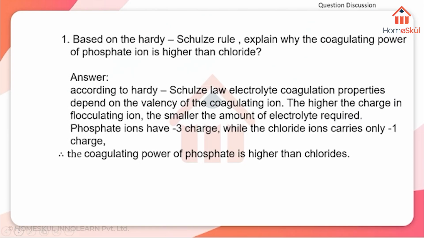According to the Hardy-Schulze rule, the coagulating power of the electrolyte depends on its flocculating ion's valency. The higher the charge on the flocculating ion, the smaller the amount of electrolyte required. Phosphate valency is 3 and chloride is 1. So obviously phosphate has more valency, so it will have more coagulating power. So we can say the coagulating power of phosphate is higher than chloride.